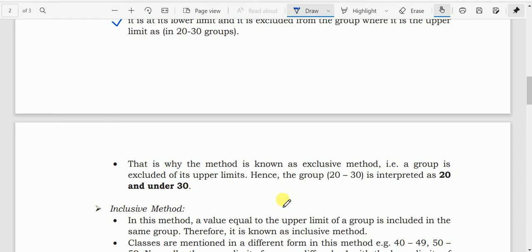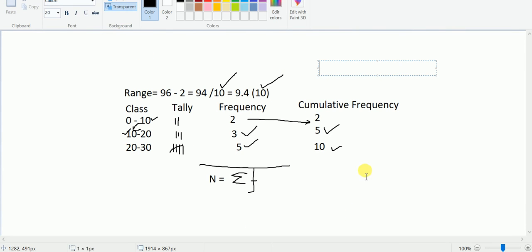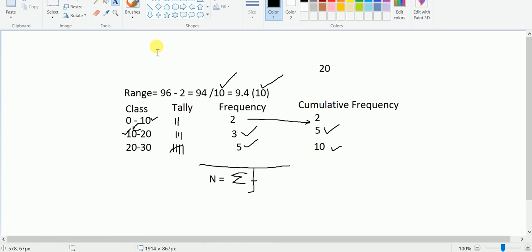That means, see, in this case, say for example, we have a value of 20. So in which class do we have to include it? Just tell me, boys and girls. We have a raw data value of 20.